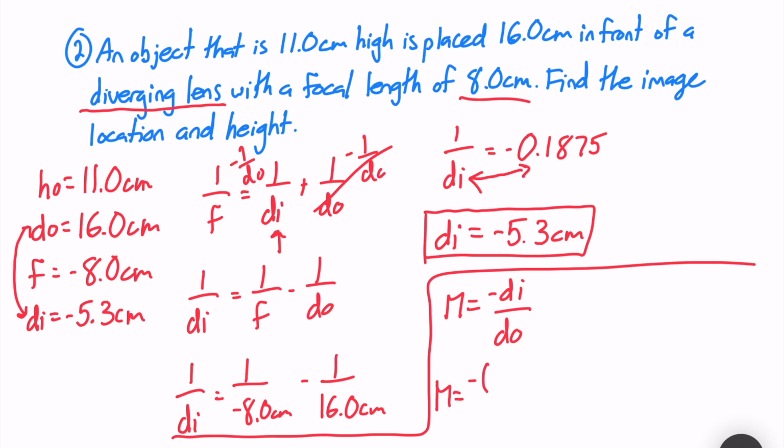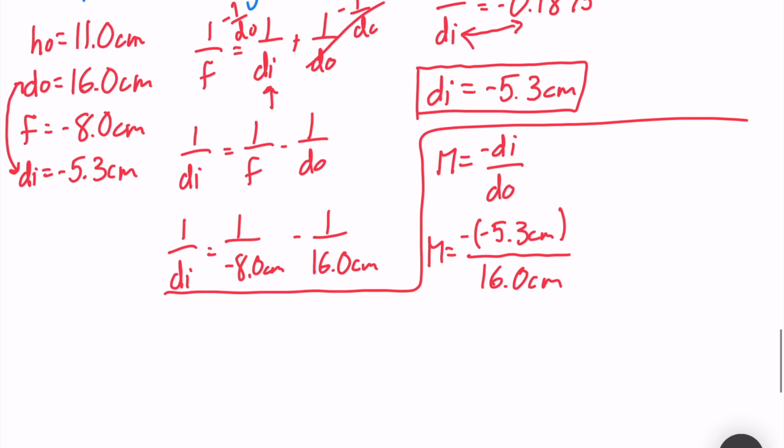We have negative 5.3 centimeters over our 16 centimeters. I'm just going to scroll down a little bit here so we have more room.